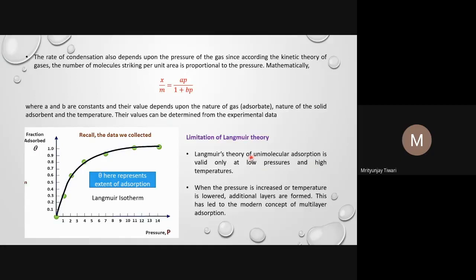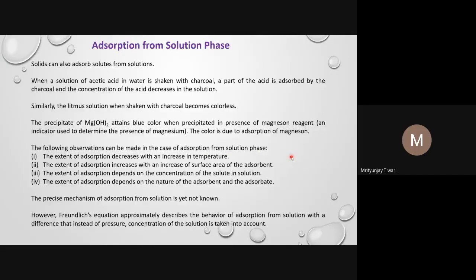At high pressures and low temperatures, this theory is not valid, because multiple layers of adsorption may form, with molecules getting adsorbed one above another at higher pressure and lower temperature. So this also had certain limitations, but it explains things to a more realistic extent.